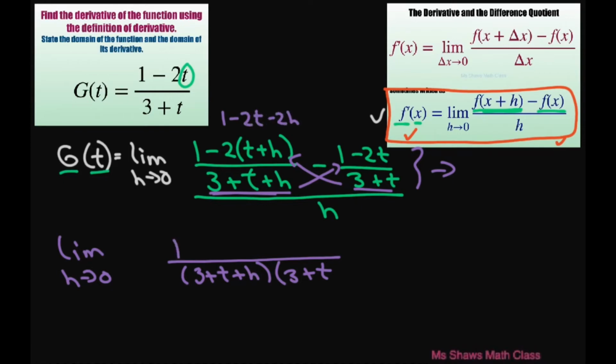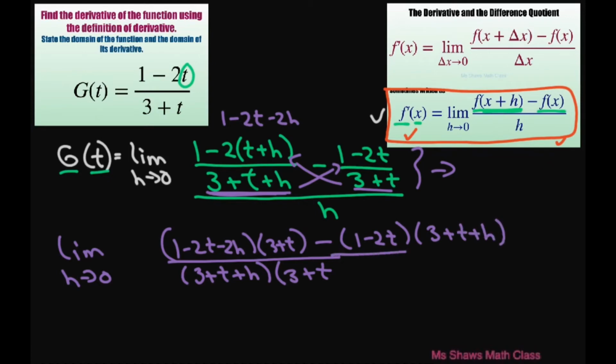So write (1 minus 2t minus 2h) times (3 plus t), minus (1 minus 2t) times this one. This is 3 plus t plus h. All right. Now what I can do with this h here, I can just move it up here. So I'm going to put it right there.